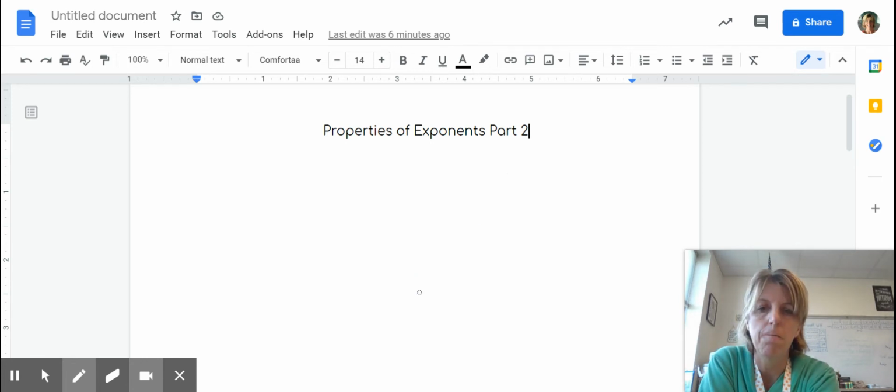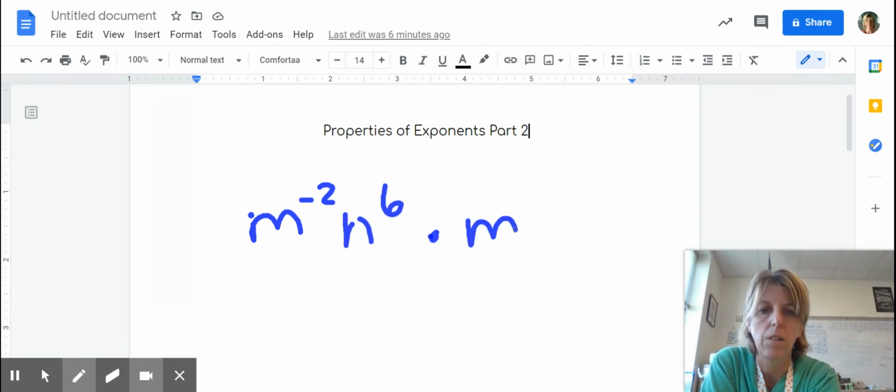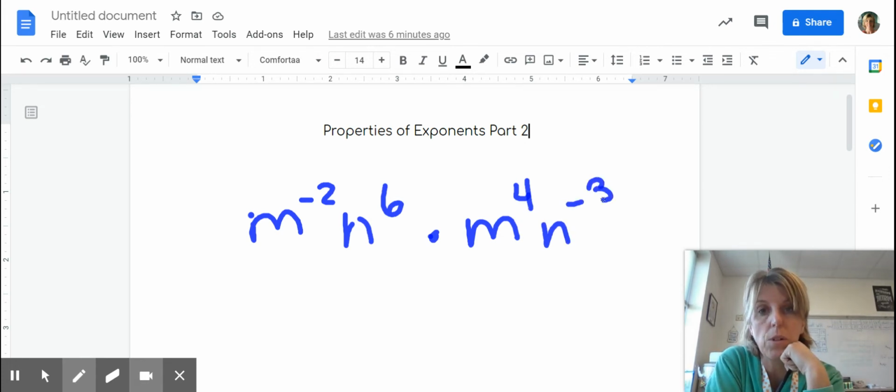How about, this did a. Let's try, but there's some negative exponents in there. Same thing, right? Same thing.